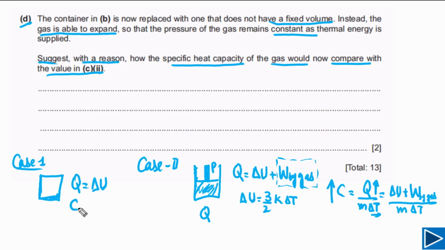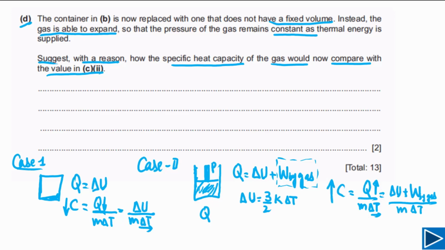In the fixed-volume case, C is equal to Q over M times delta T, and Q is equal to only delta U. So that's the reason C in that case will be lower, because Q is lower, and the new value of C will be greater. So that's all you need to understand. These are the points you have to understand. If you have an understanding of these points, now we can write down our final answer.